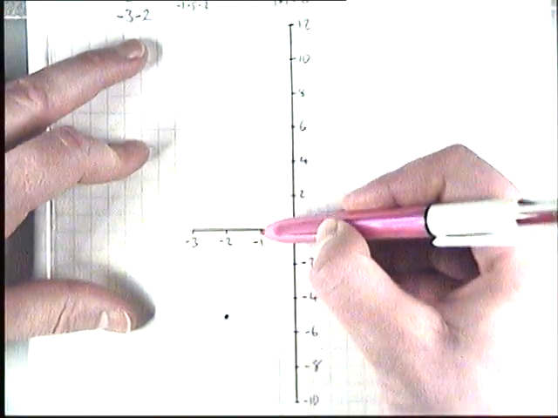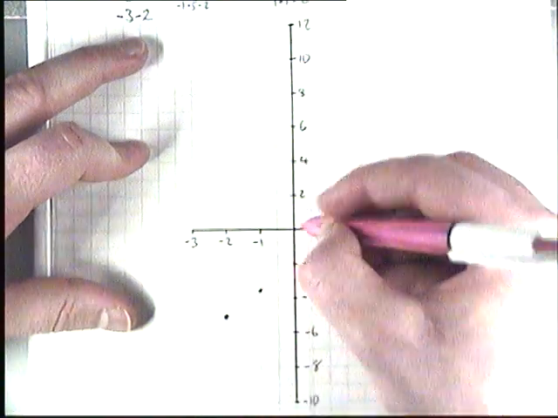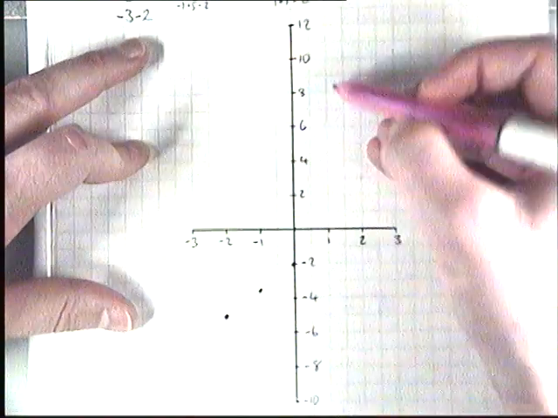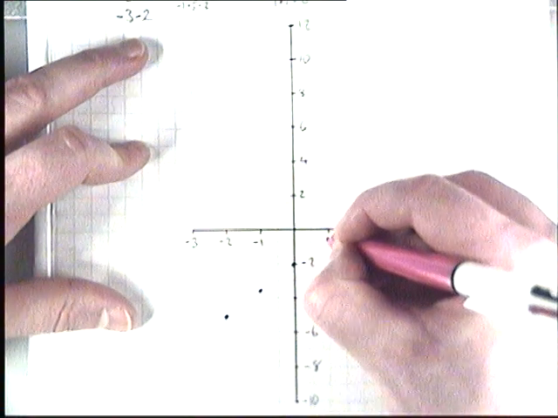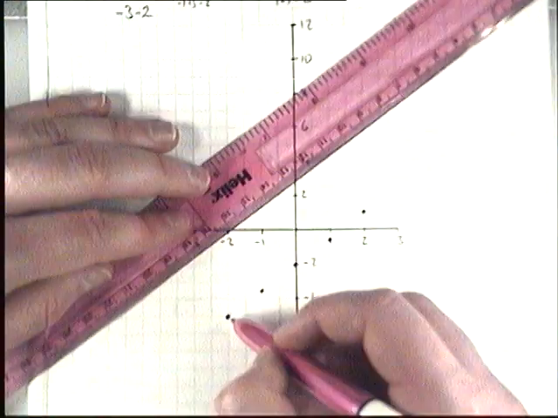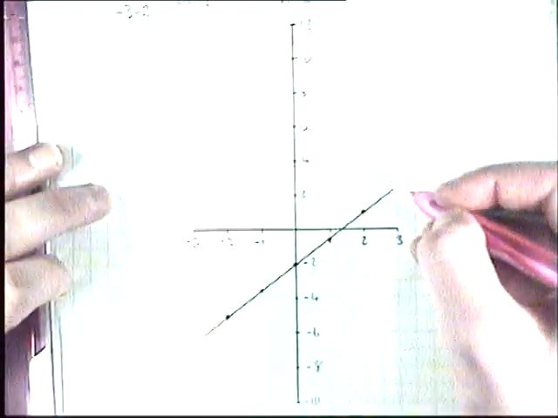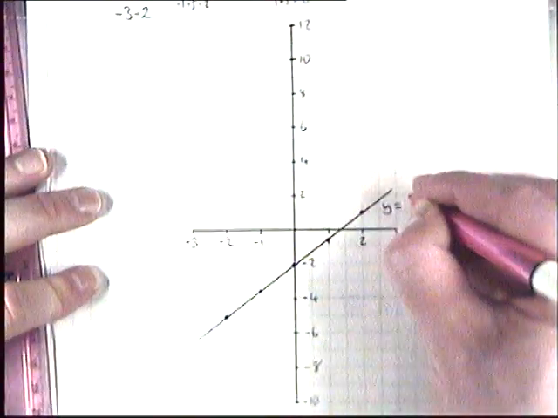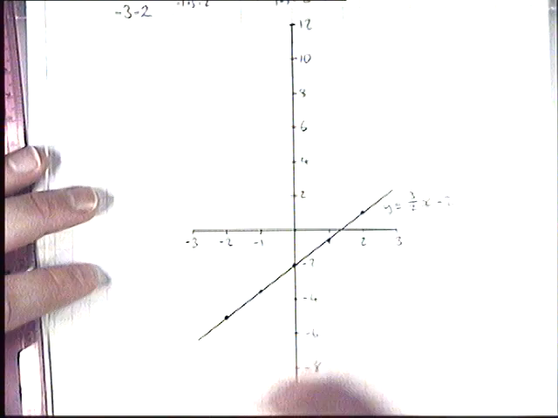Minus 1, minus 3.5. 0, minus 2. 1, minus 0.5, and then 2, 1. And again, we need to join those all up with a nice straight line and label it y equals 3/2 x minus 2.